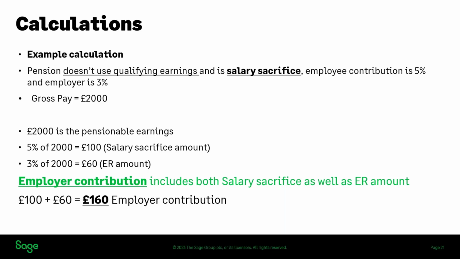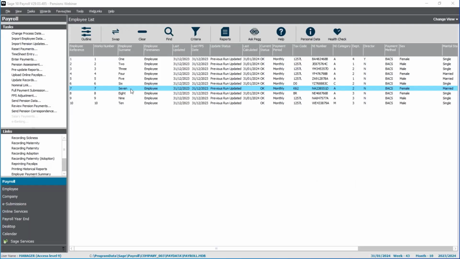But officially, when this is paid over to the pension provider, the employer contribution would include both the salary sacrifice amount as well as the employer's own contribution. So what we get in this case is a £160 employer contribution and officially no employee contribution because that was a salary sacrifice instead. And I just want to show you how that works in the program.